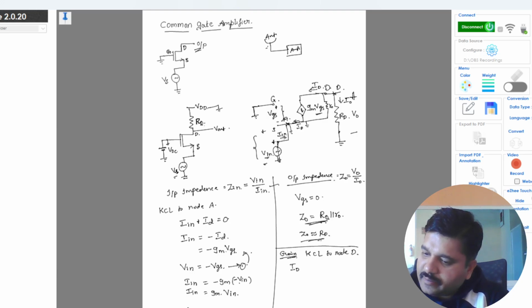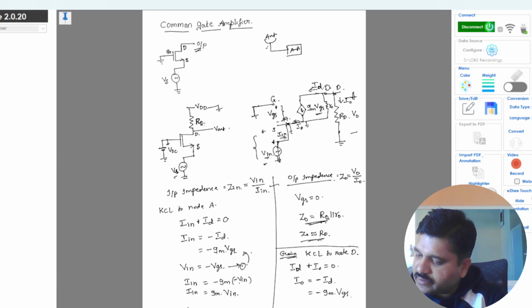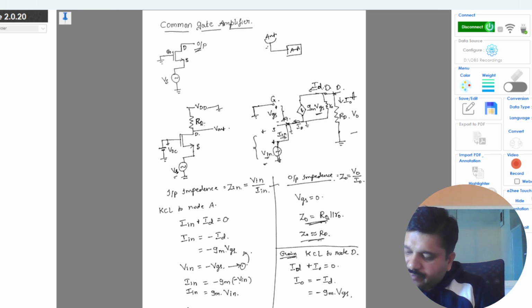So ID plus I0 is equal to 0. So here I0 will be equal to minus ID. ID is nothing but GM into VGS.